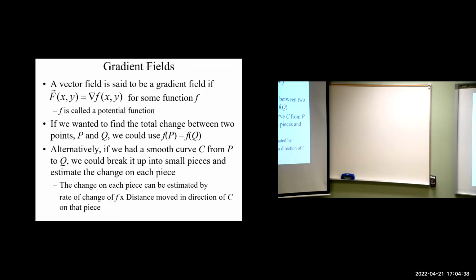The potential function at Q minus the potential function at P, or the line integral of the gradient field along our path. The latter of those two is what we were doing last time. This is what we're going to do this time. And this is what we call the fundamental theorem of line integrals.